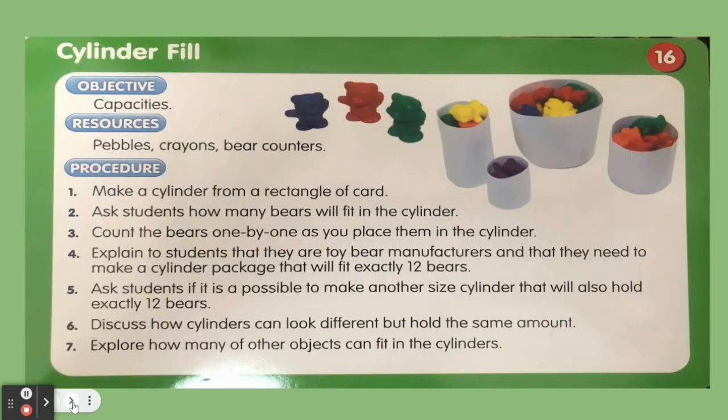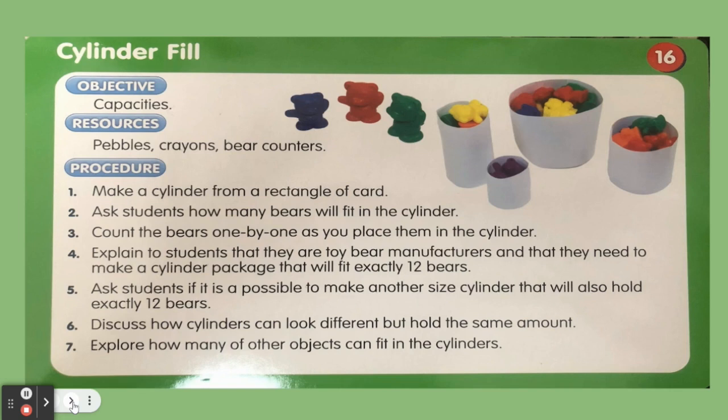Okay, so in this activity, we're learning about capacity, and we want to be able to guess how many of those objects you've got will fit into each of the different size cylinders. Again, you're making an estimate or a guess, and then you can test that out, okay?